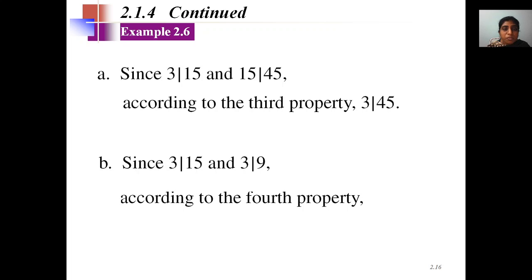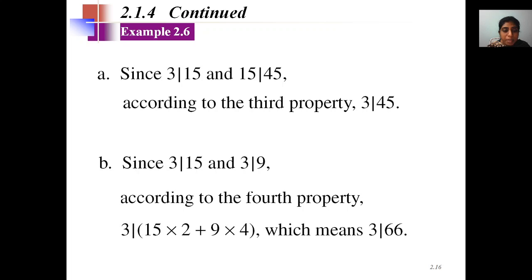According to the fourth property, we can write 15 into 2 plus 9 into 4 is divisible by 3, which means 66 is divisible by 3. We can get these values, assuming them as x and y, by using the extended Euclidean algorithm.